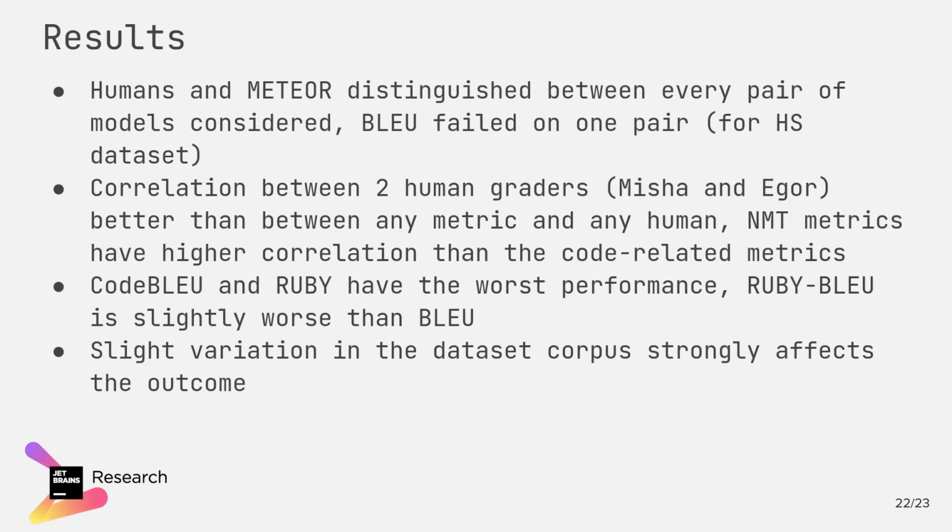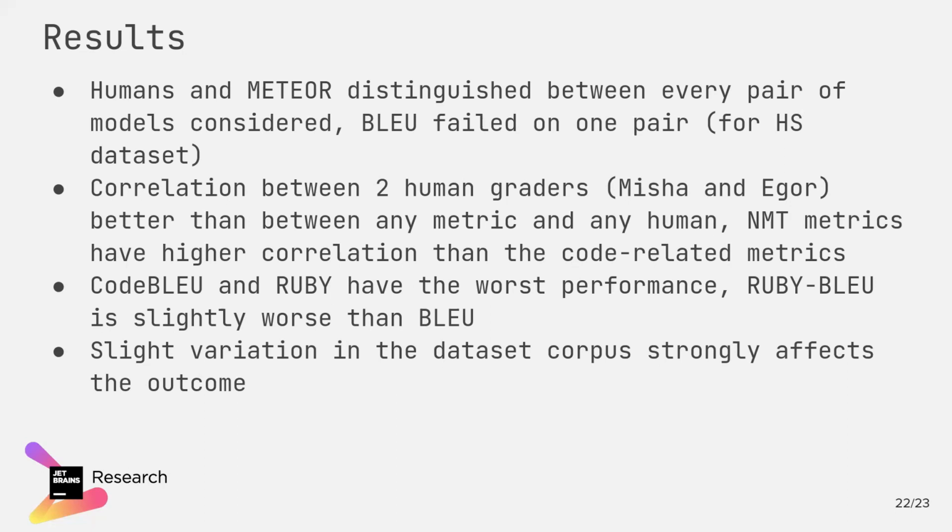On the correlation, once again, I'm not going to report the raw correlation figures, because they're different for different datasets, which is reasonable since the different datasets have different size of test part. But the overall trend is that for any dataset, and for any model, the correlation between two human graders who graded the whole dataset, that was me and Igor, was better than between any metric and any human.